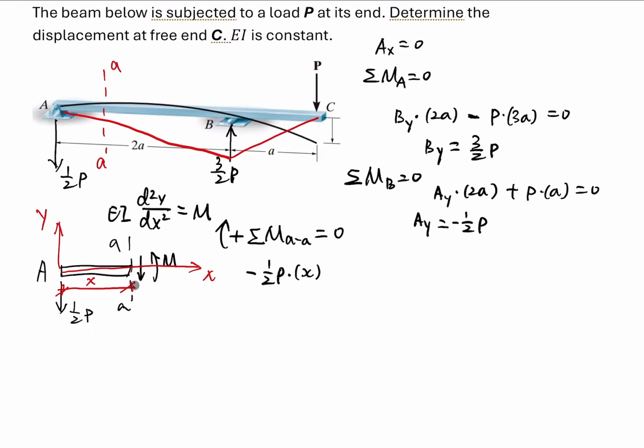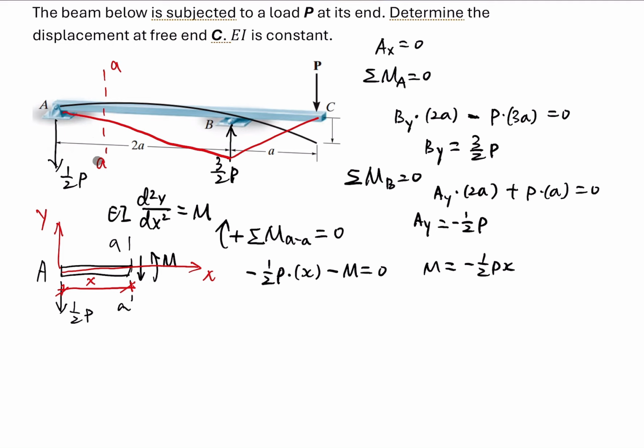At section A to A, we have bending moment M, which is also counterclockwise, so it's negative, equal to 0. From this we have M equal to 1 over 2 P x. This is the bending moment for beam segment AB.